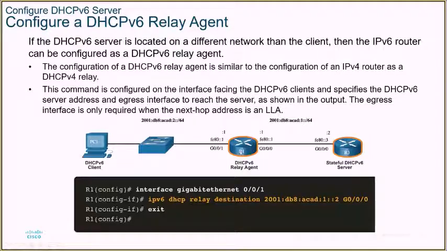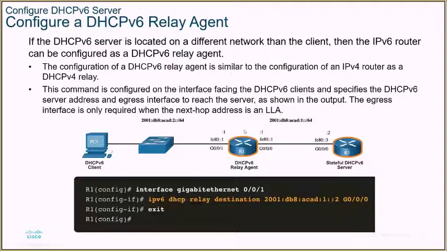The client sends out a multicast, and the multicast won't be forwarded. So with this relay agent, basically it converts that multicast into a unicast to that server. The command is IPv6 DHCP relay destination and then the address of the server, which, if you look at this information, is where we are.